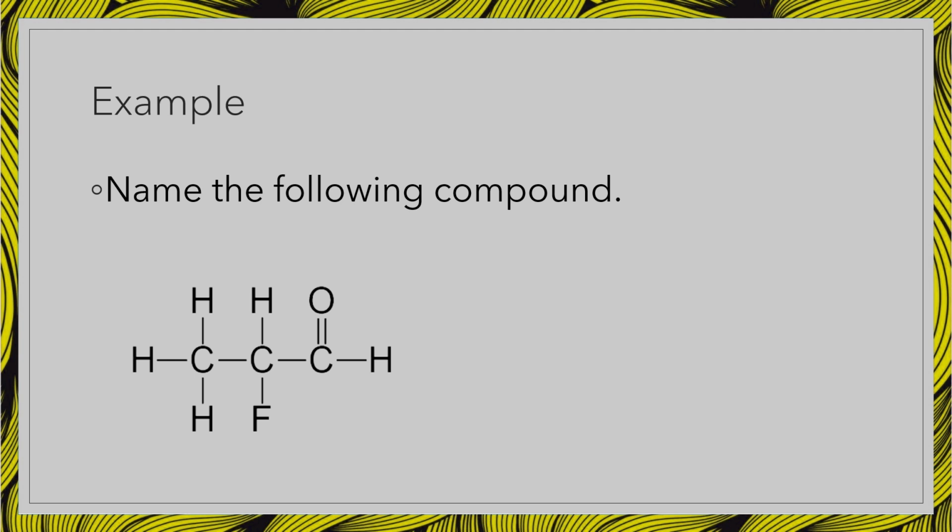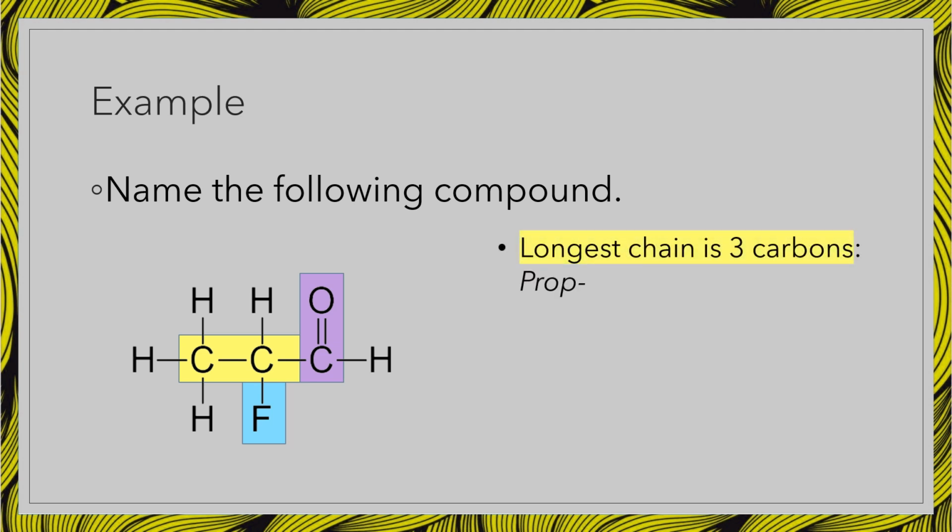So name this compound. We follow the same rules. Find the longest carbon chain. Boom, 3. Okay. We look at the functional group. It's a carbon-oxygen double bond, and it's at the end, so it's an aldehyde. Also using the context of we're talking about aldehydes. We also have a fluorine there in the middle. So how do we put it all together? 3 carbons, it's going to be a prop.